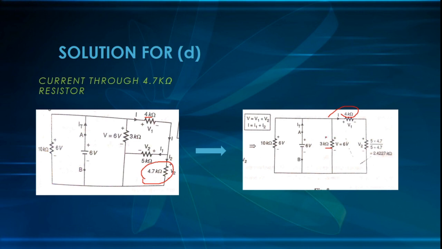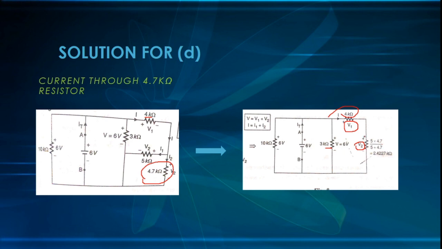Now if you see, this is parallel, so voltage is going to remain the same. But these two are in series. So in series, we know that voltage gets divided. So this 6 volt, here we will assume the voltage to be V1 volt. Here we will assume the voltage to be V2 volt. So I'm going to find what is the voltage across this particular resistor combination.